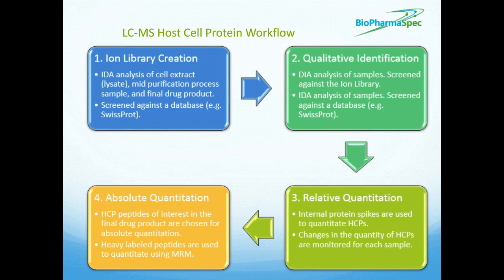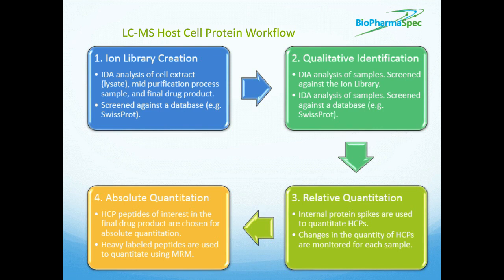So the third step is a relative quantitation step. With this, we spike in known internal standards, and we use this to monitor the changes in host cell protein amounts throughout the purification process.